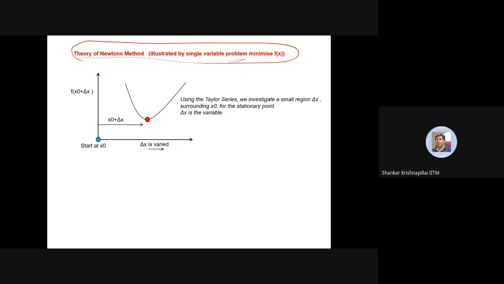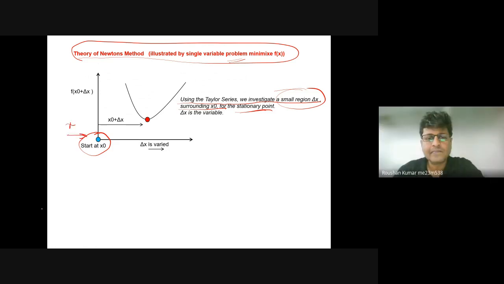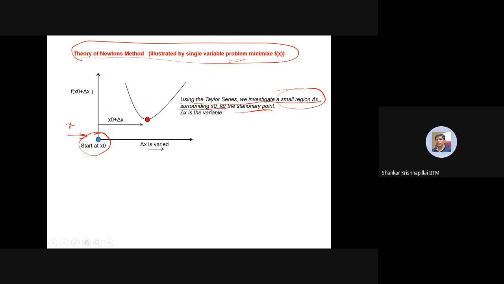Using Taylor series approximation, we investigate the small region delta x surrounding x naught for the stationary point. So we start at x naught. This is the x-axis. In our search for the minima, let us assume that we have reached x naught. At x naught we stop here.